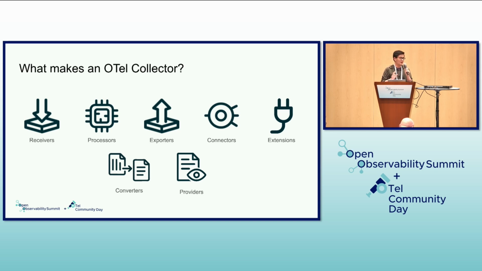Most of the configurations are from the YAML file, but it can also be supplied via environment variables or from HTTP or HTTPS. Converter and provider are not visible in the user configuration, so most end users don't get to interact with them. But for people who build the OTel distro, these two components can be particularly useful.